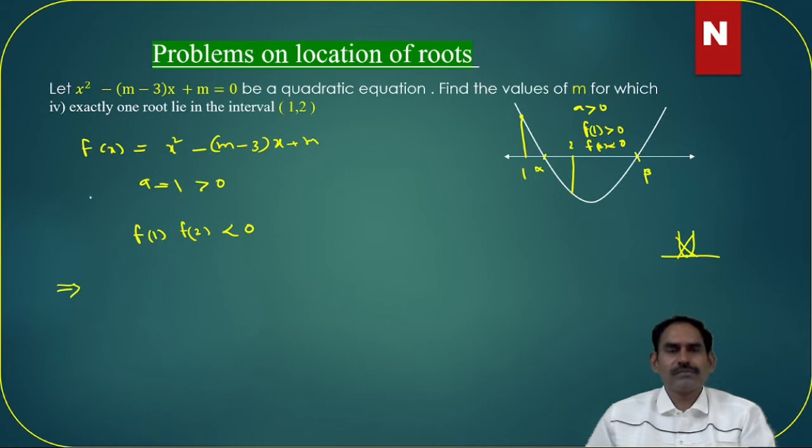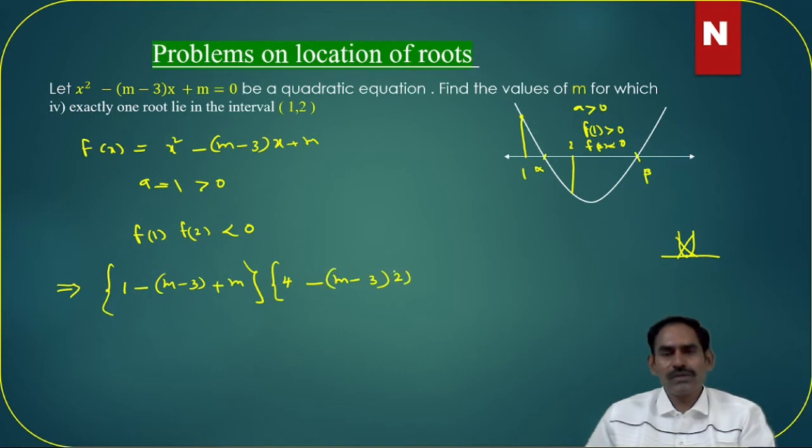That implies f of 1 is 1 minus (m minus 3) into 1 plus m, into f of 2, 4 minus (m minus 3) into 2 plus m, less than 0. That implies 1 minus m plus 3 plus m.